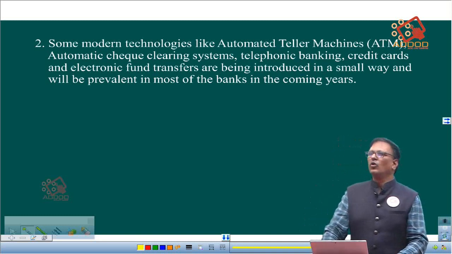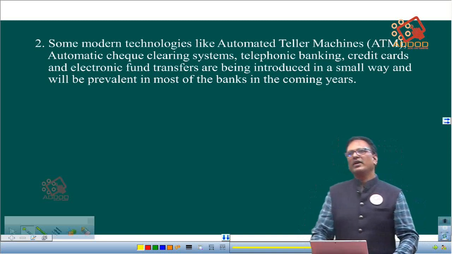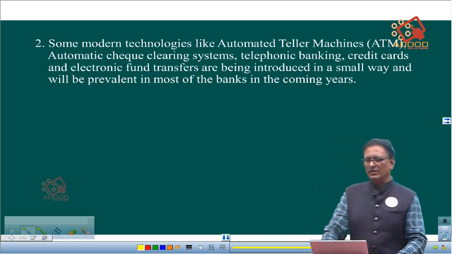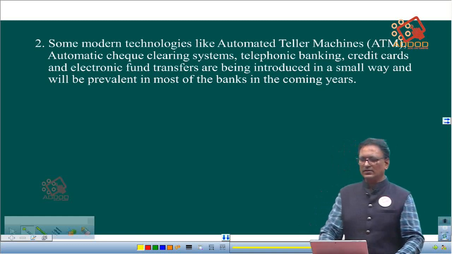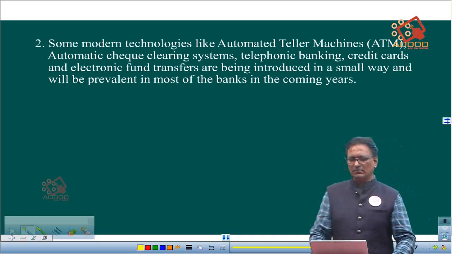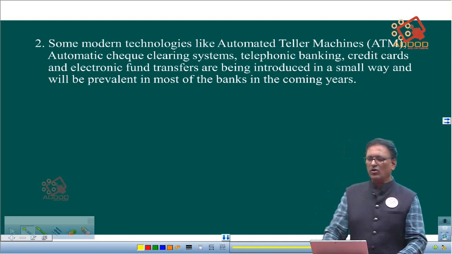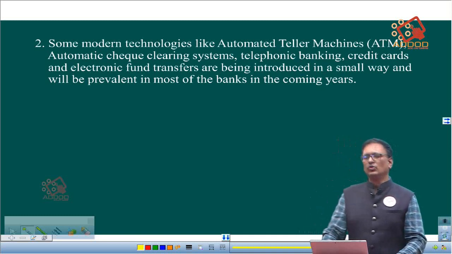Not only going to the bank and ATMs for drawing or depositing money, but today automatic check clearing systems. What is that? After ATM, the annotation gives automatic check clearing systems, telephonic banking, credit cards and electronic fund transfers, EFT, which is a short form that is used.